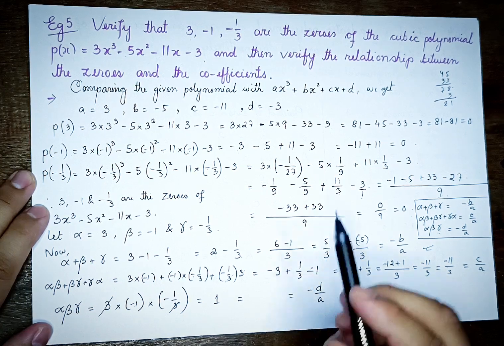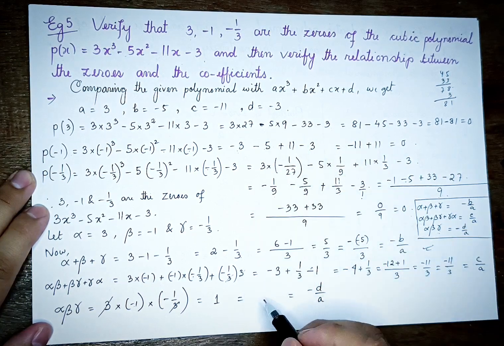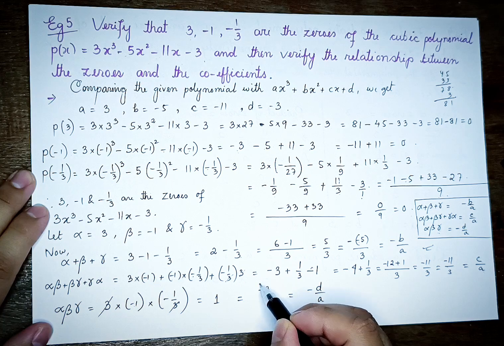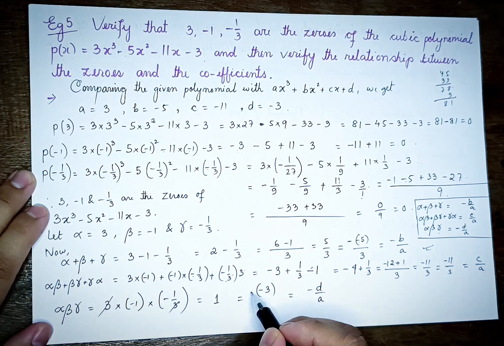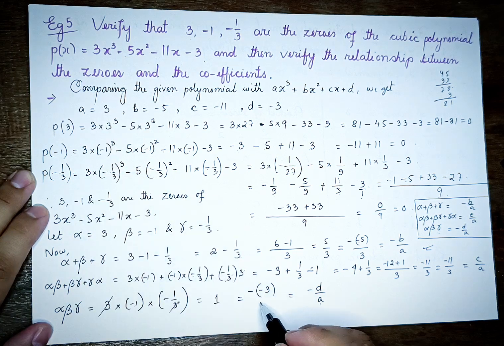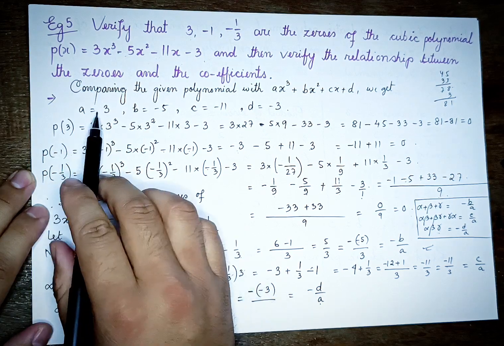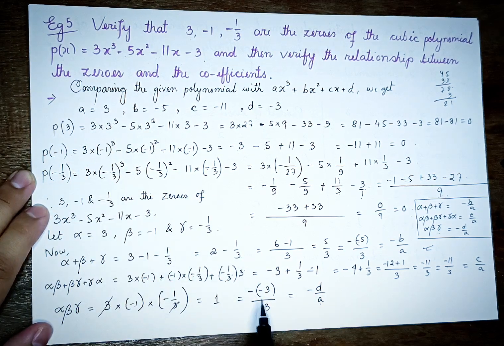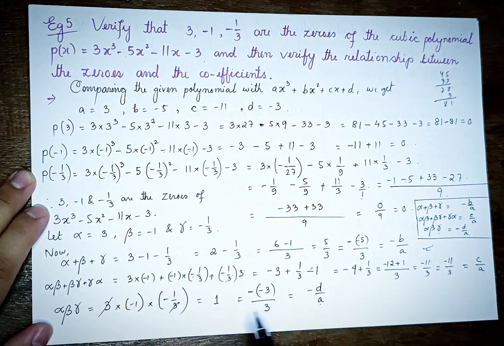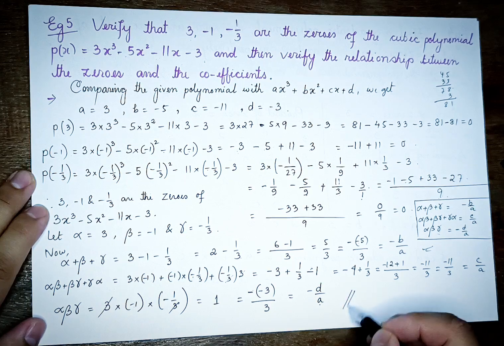What is our d? Our d is minus 3. So we write minus 3 here. For the formula minus, we write minus here. And for a, we write a. What is our a? Our a is 3. So we write 3 here. Minus minus plus, we get 3 by 3. Dividing these two, 3 by 3, we get 1. So it verifies the results. Here it finishes.